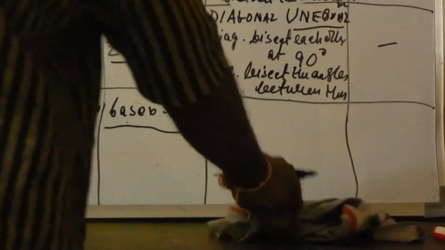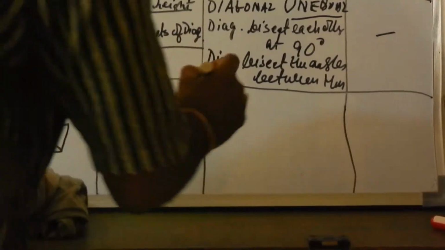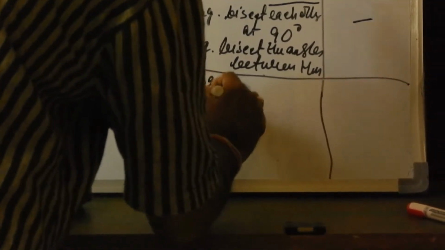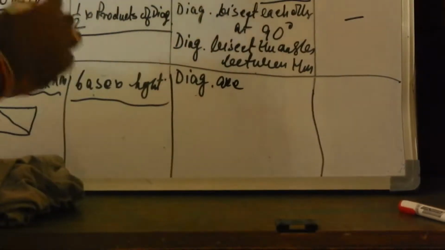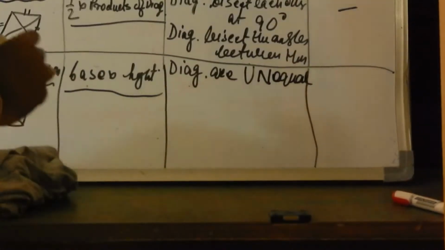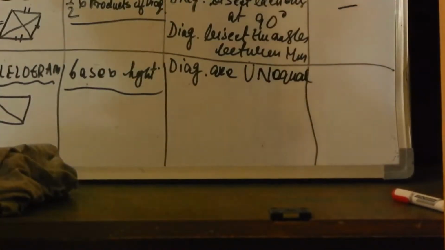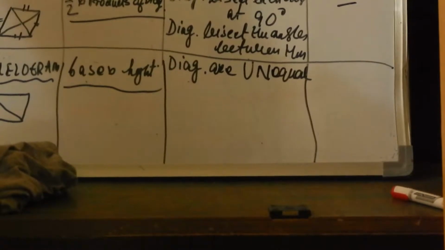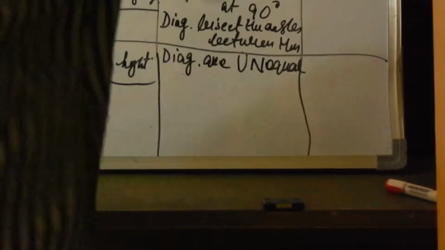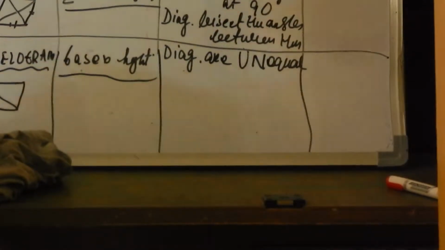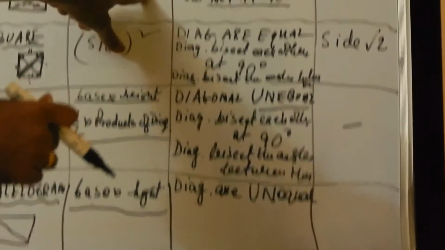And here also, like a rhombus, the diagonals are unequal. They bisect each other but not at 90 degrees, like the rectangle.